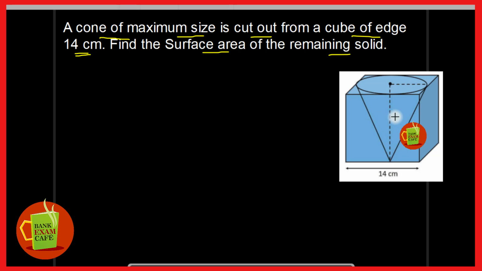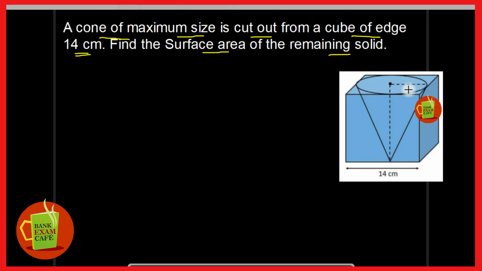Then what will happen, whatever the curved surface area of the cone is, that part will become visible and it will become surface area, so that much surface area of the cube will increase. But at the same time this circular part gets removed, so this much area will decrease.